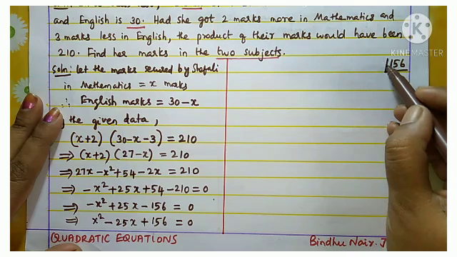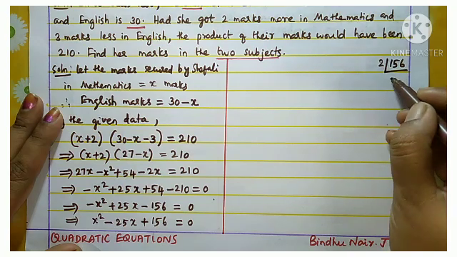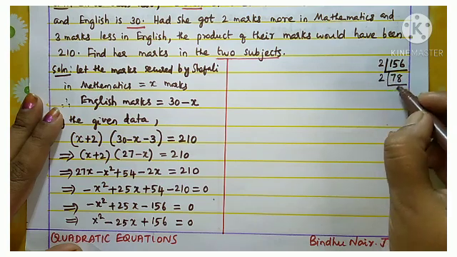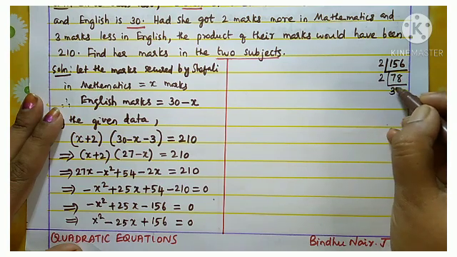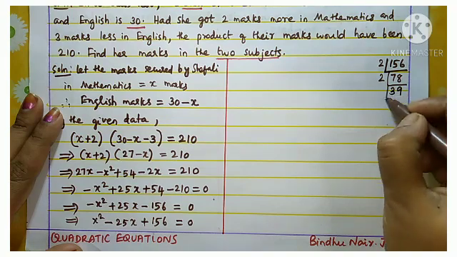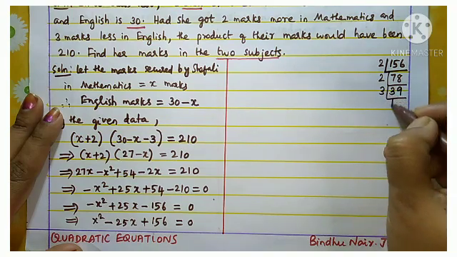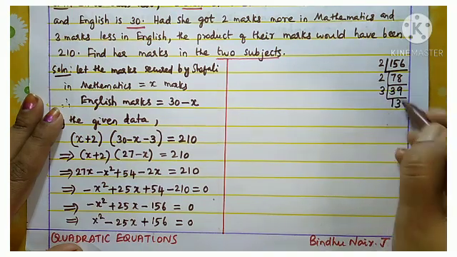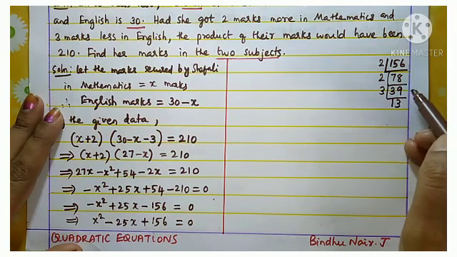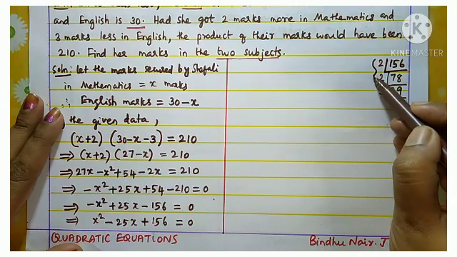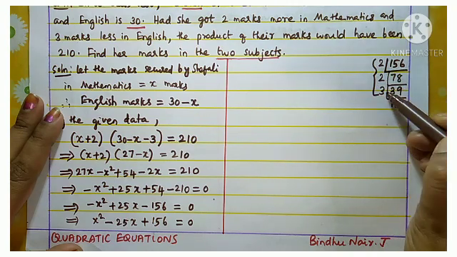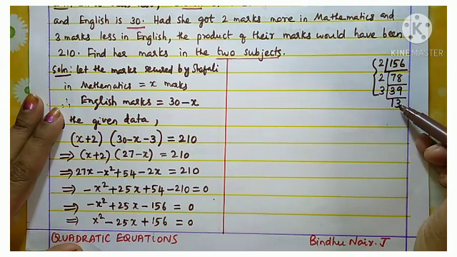156, when you go to the prime factorization method, you will get 2 7s are 14, 16, again 2, 3 2s are 6, 9 2s are 18, then it goes by 3, 13 3s are 39. Okay, it stopped. Now when you combine these three numbers, 2 into 2, 4 into 3, 12, then 13.